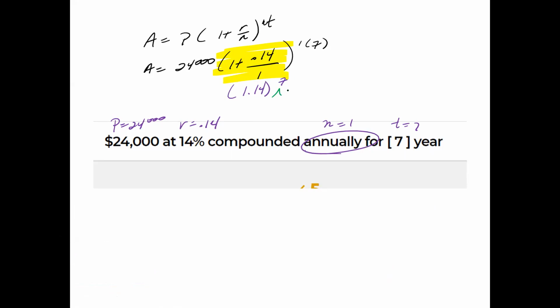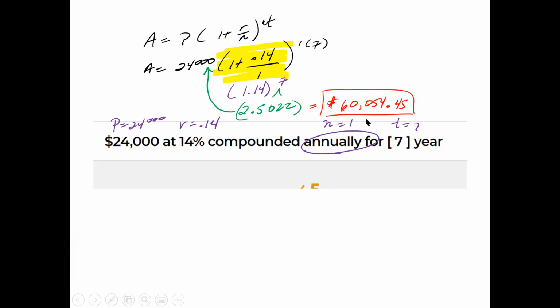And you'll be able to see that that is going to give you 2.5022. This right here is your multiplier. You have to multiply this with your P to get the new amount. So what is 2.5 times 24,000? The amount that you are going to get back if you invest that money in 7 years is $60,054.45, which is actually a pretty good return.